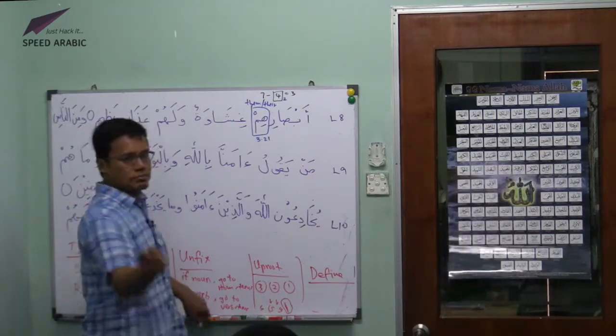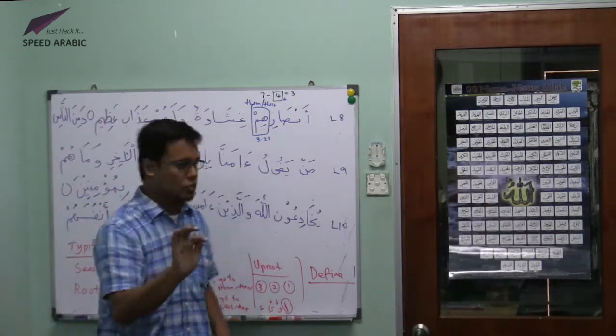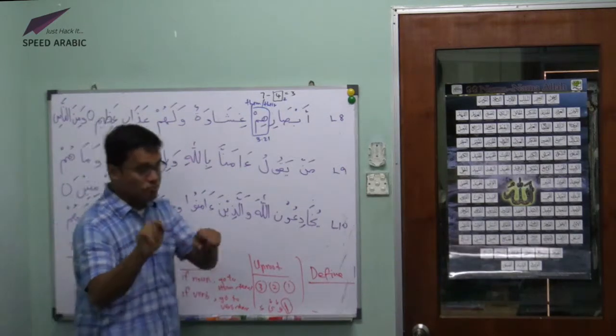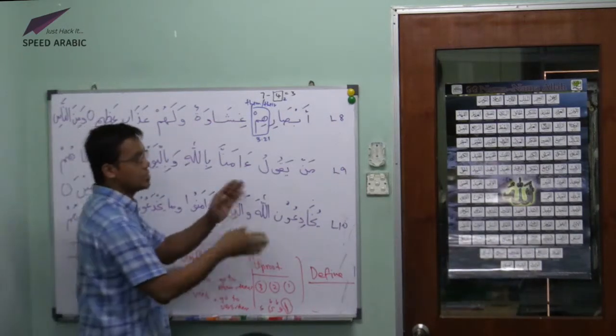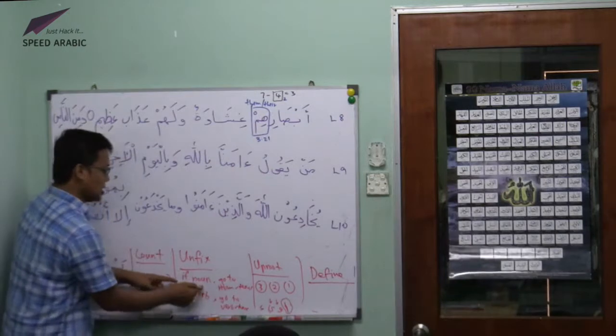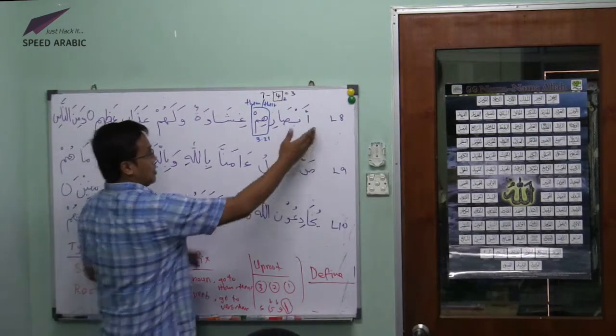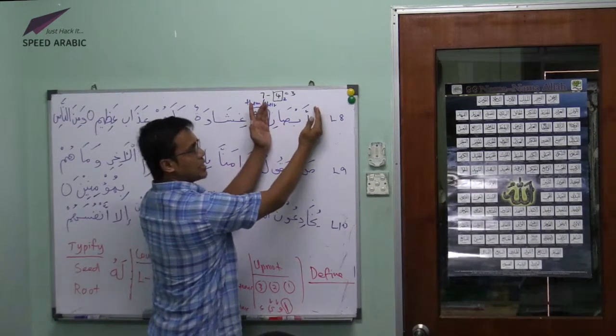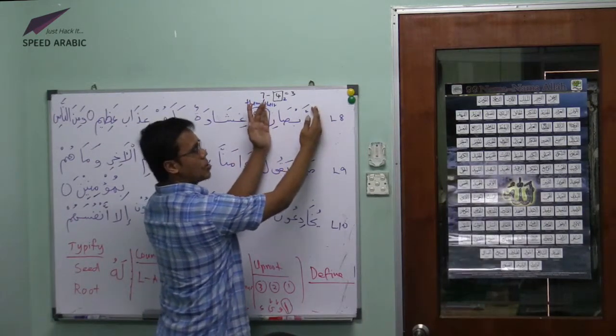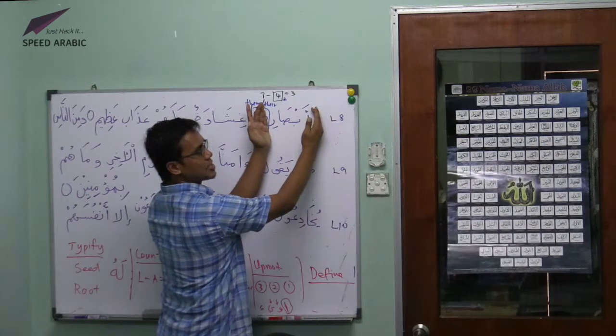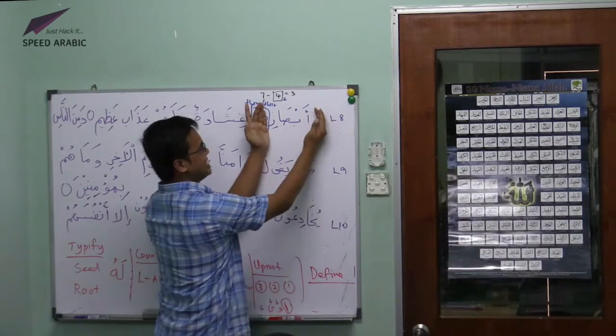That's why the condensed version comes into play here. But before you go to the condensed version, just go here. If noun, go to noun stems. Absari, is there a kasrah there? Do you see kasrah at the end?